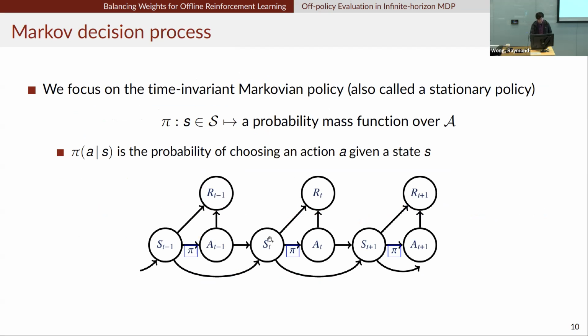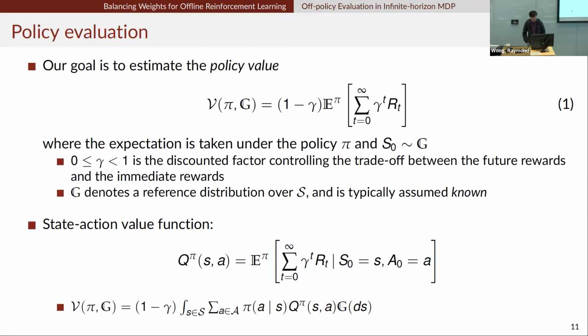To recap, at a particular decision point, we have the state variable s_t, and the agent, according to a policy, will choose an action a_t, and based on s and a, the environment will produce a reward and also the next state. The policy will be evaluated based on a quantity called policy value, which is defined in this way.